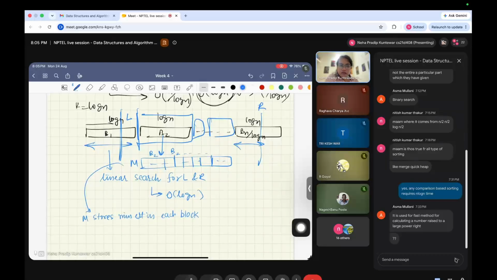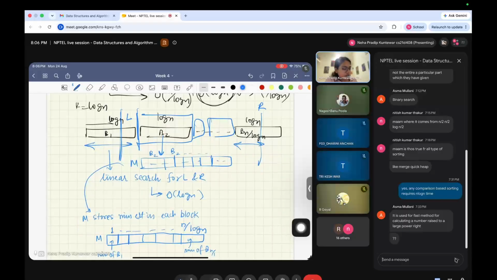I hope this is making sense, right? We have n by log n blocks, so for each block there is one entry, so there are n by log n many entries, right? This is the minimum of b1, this is the minimum of b2, b n by log n and so on, correct?